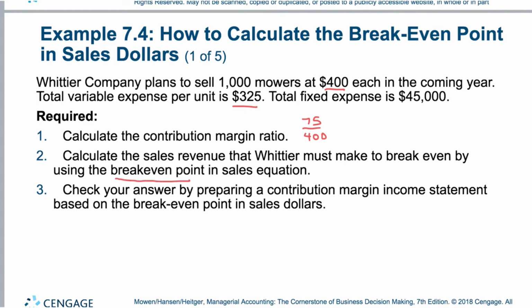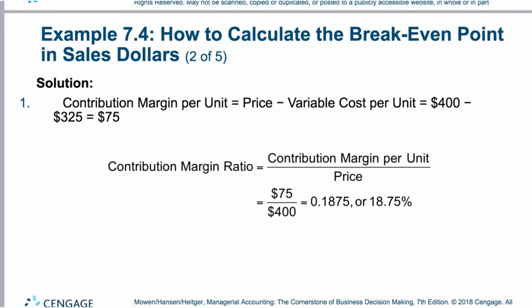So not the number of units, which, as you recall, I believe was 600 units. We want to know what the break-even revenue is to cover that fixed expense of $45,000. So here again is our contribution margin ratio calculation, which gets us to that 18.75 figure that we saw before.